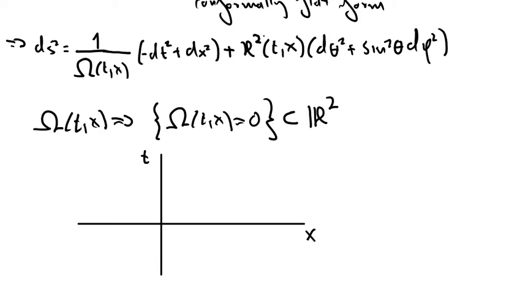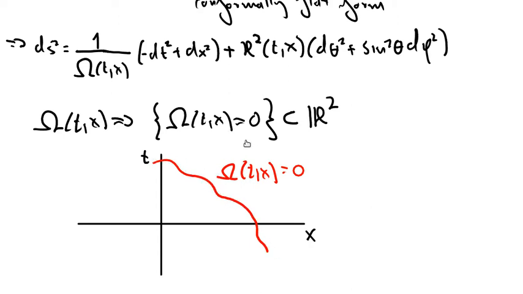Okay, so just imagine that it takes this form. This is the graph of omega(t,x) equal to 0, and at those points, if we look at the expression of the metric, we have a singularity. Okay, so the metric is not defined at those points.